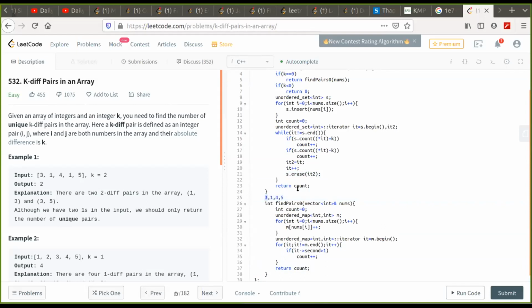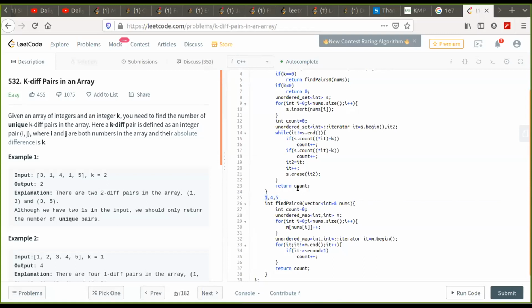When I completed the check on element 3 for all the possible matches for k, I erased this 3 from the set. I got count 2 because 3 matches with 1 and 3 matches with 5 to give k equal to 2. After that I erased 3, and now I have 1, so I'll be checking 1 for 1 plus 2, that is 3, and 1 minus 2, that is minus 1.